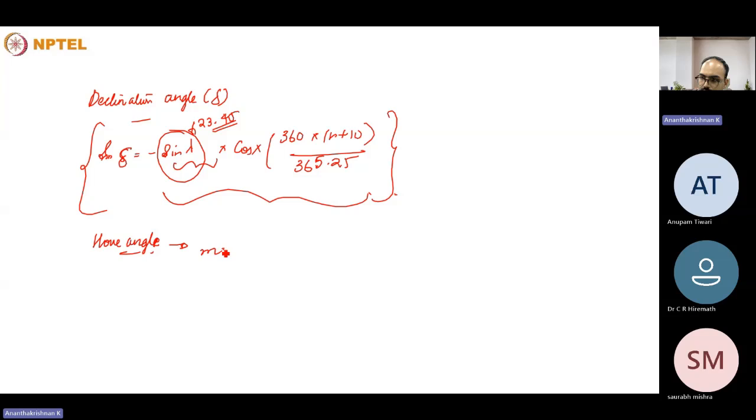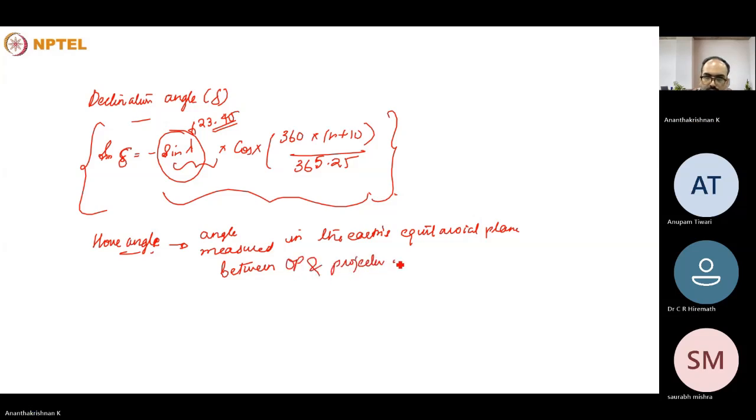It is the angle measured in the Earth's equatorial plane between the projected OP and the projection of a line from the center of the sun to the center of the Earth.